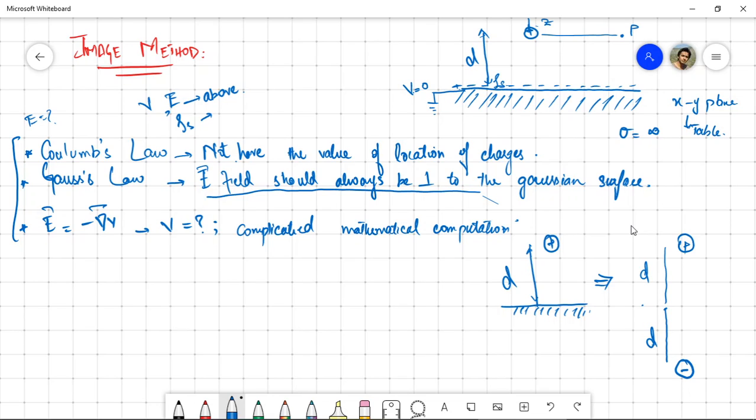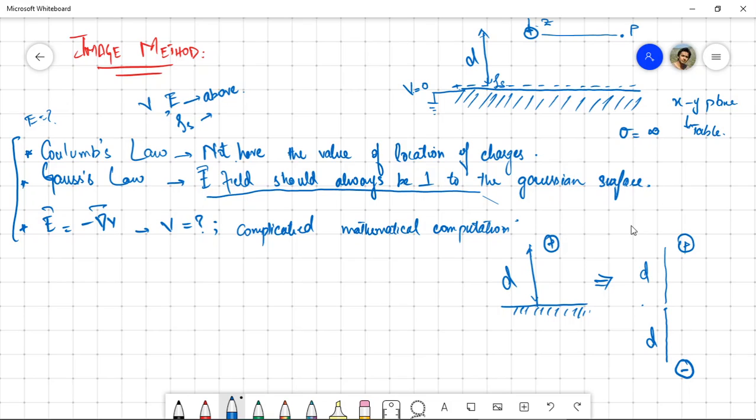So we have removed that conducting plane, and instead we have replaced that infinite conducting plane with the image of the charge that was placed at some distance from the plane. So we removed the conducting plane, and we have essentially made an image of that charge below. So now we have a dipole.